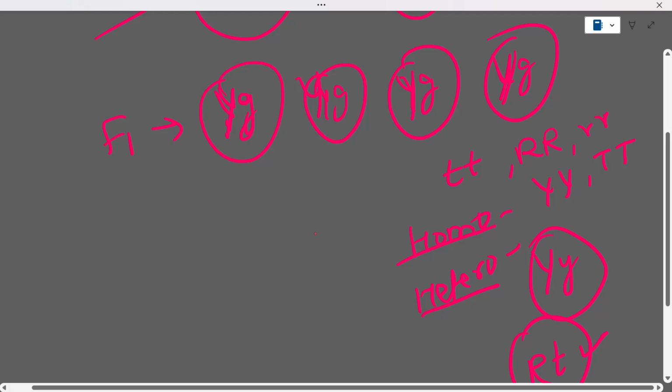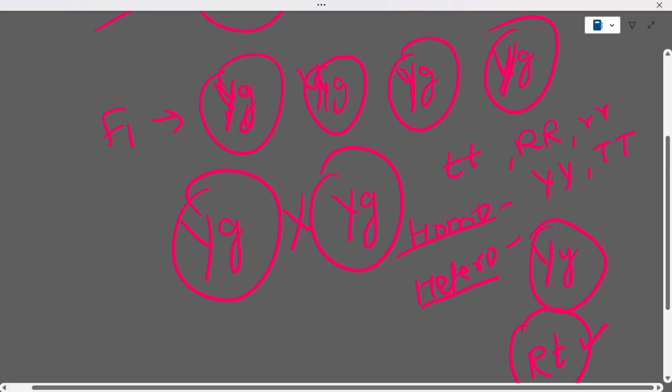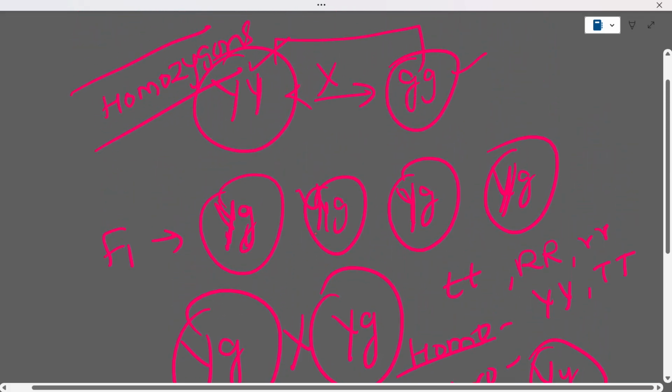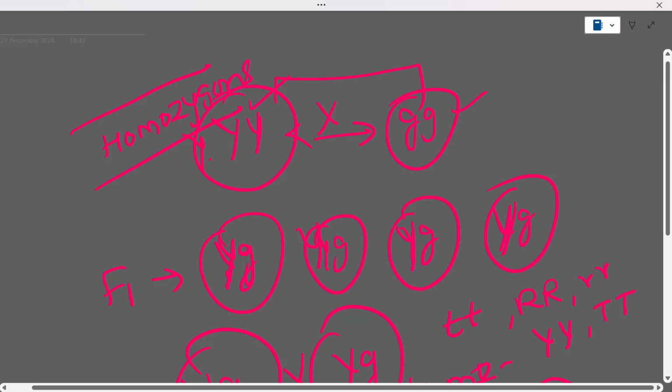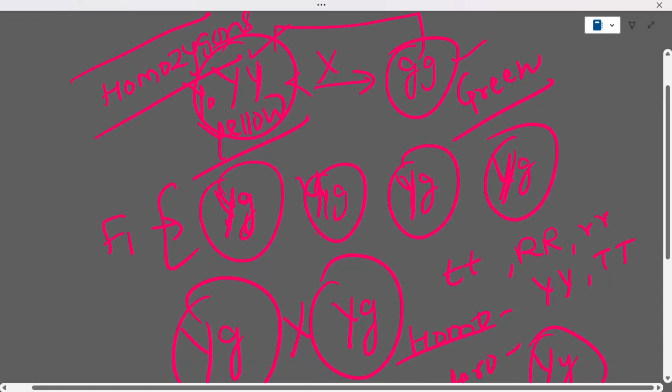And now, when this first generation was crossed between itself, let me clarify one more thing: even though the yellow plant was mated with the green plant, in all the subsequent generation the expression was yellow.